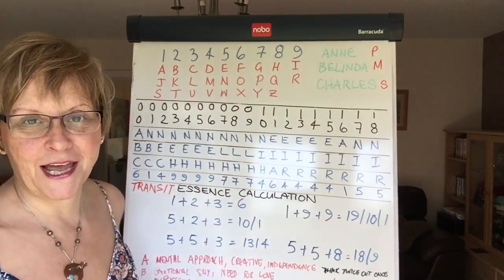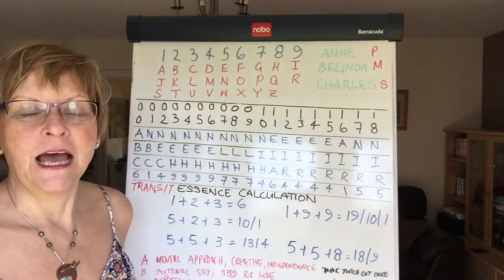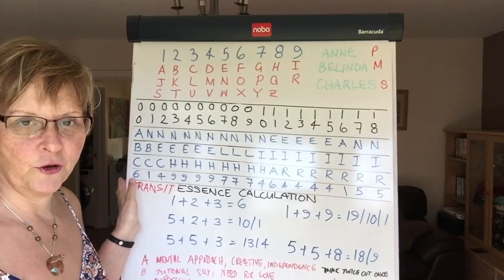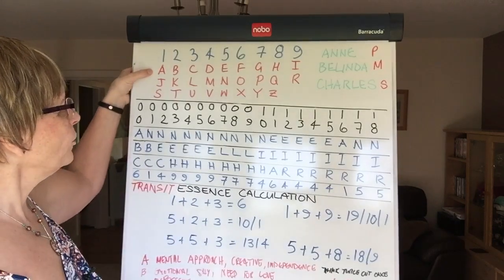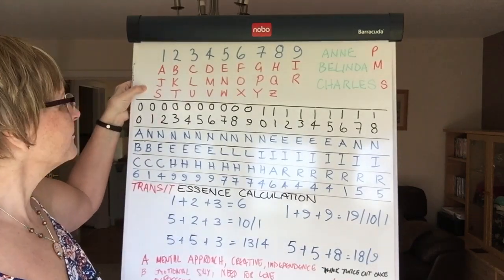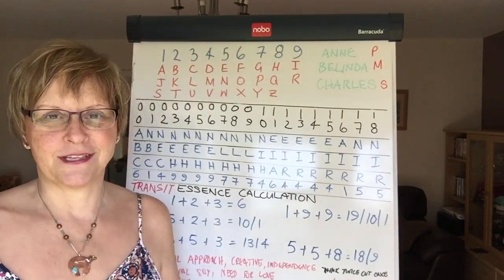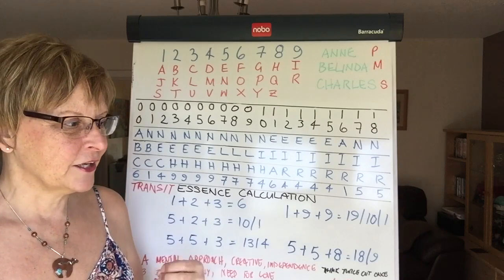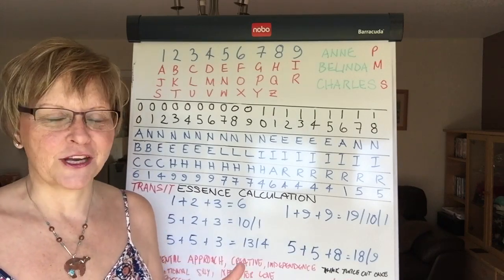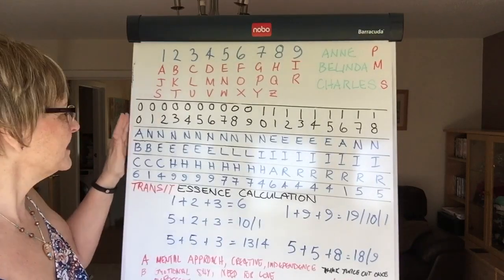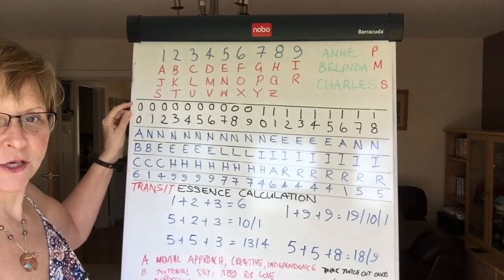I'm working with the name Anne Belinda Charles, and in the previous video I created this table for you. All letters have a numeric value, and that is the chart up the top here, which is the chart we use in calculating the numeric energy for each of the numbers. Some people have asked me about this top line.